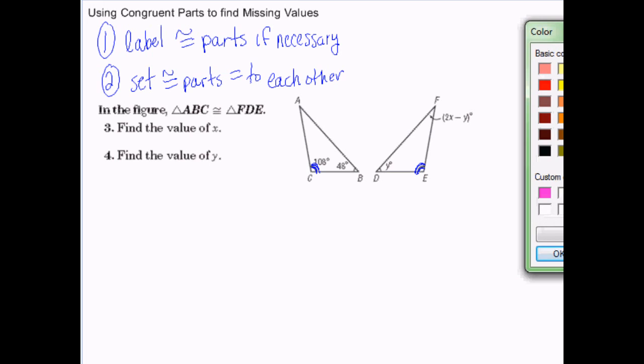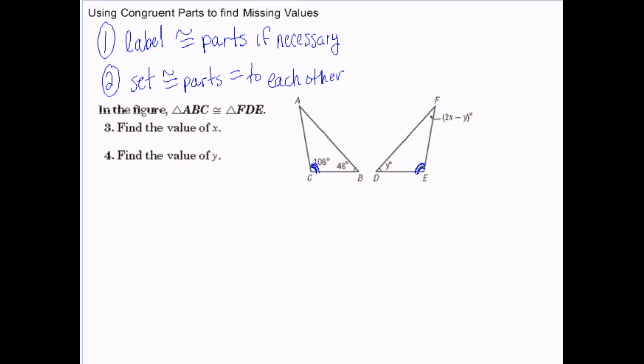So this angle is 108. That angle is 48. And then this is a y, and that's 2x minus y. So far, okay?